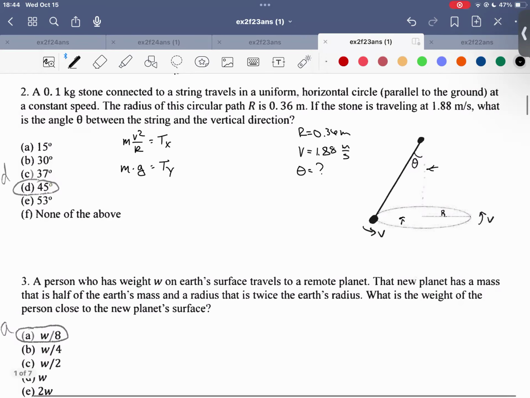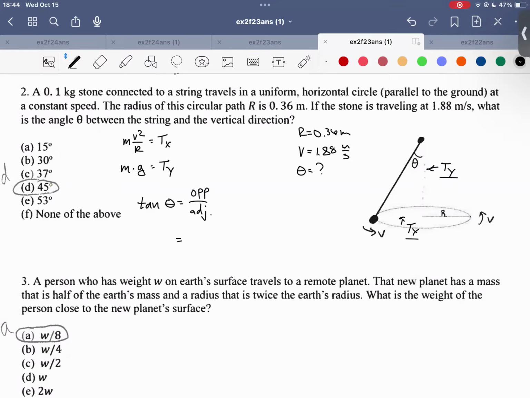So when we split it, we say this is tension y, and this is tension x. This allows us to use our trig functions, and we say tan theta is equal to opposite over adjacent. Our opposite we're going to call Tx, and our adjacent Ty. So when we plug it in, we get this.